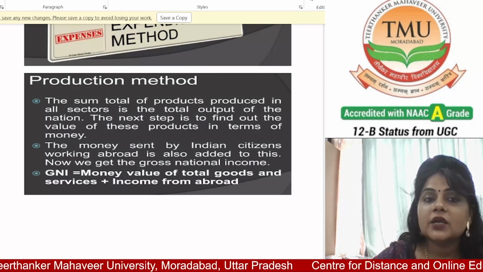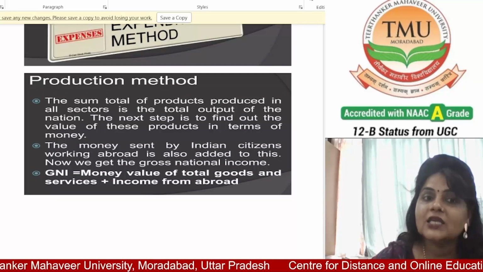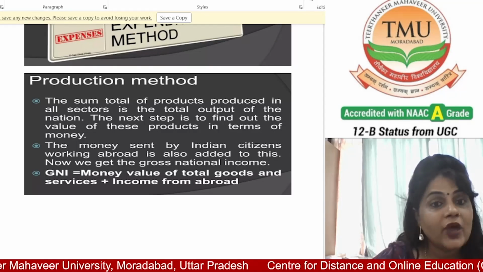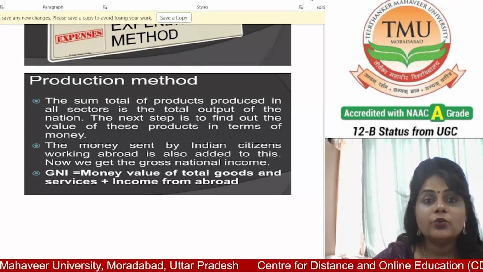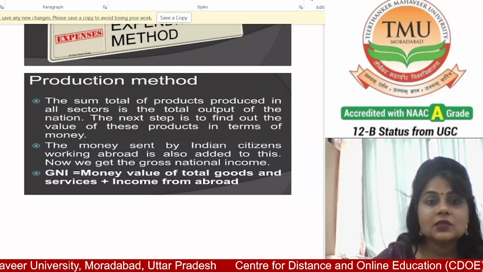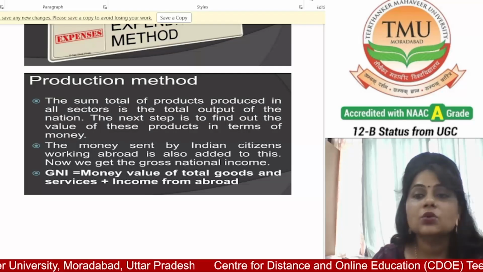Value of output is equal to quantity multiplied by price plus change in stock.